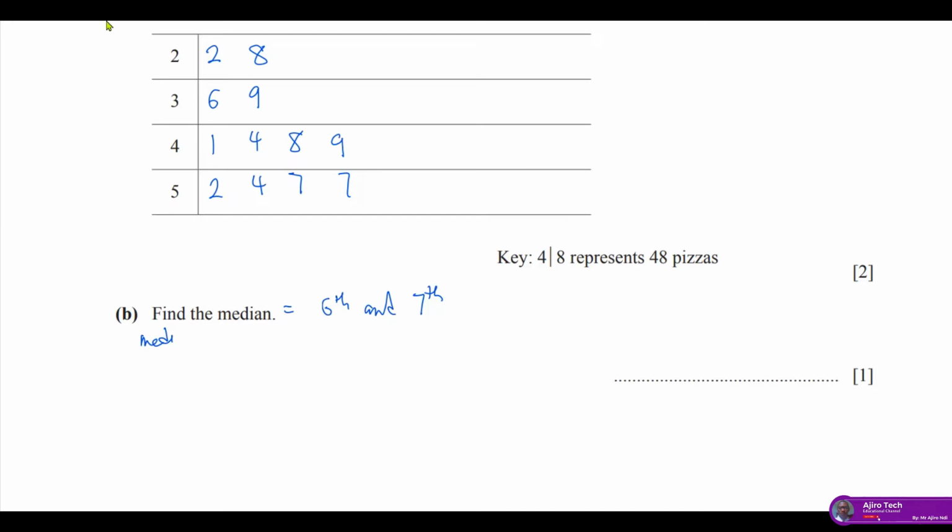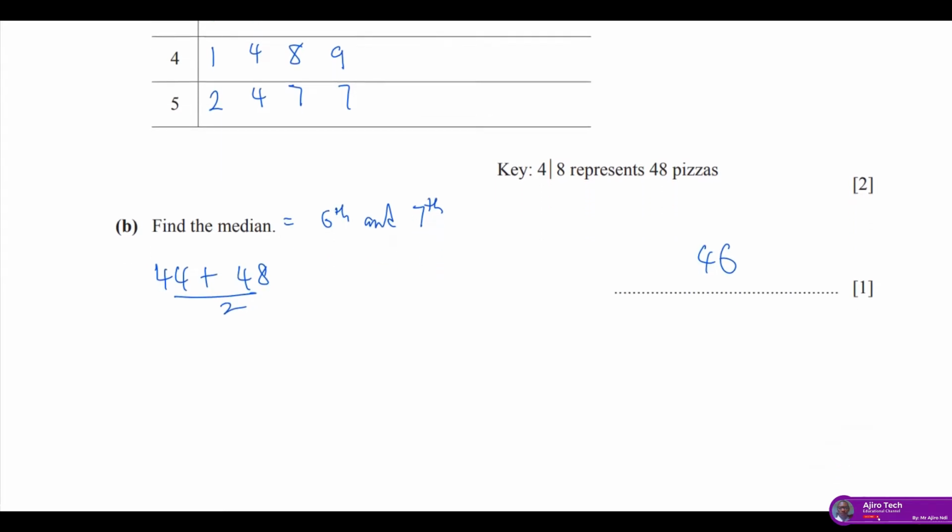So since we have the 6th and the 7th, we can find the median. The 6th one is 44 plus the 7th one, 48, divided by 2, we have 46. Median is 46 marks.